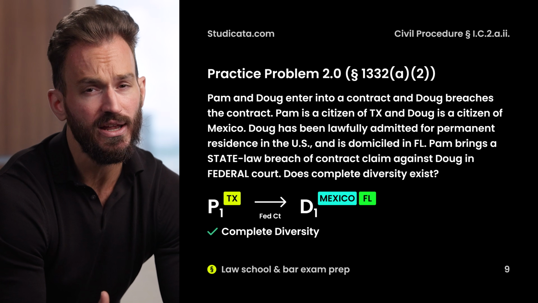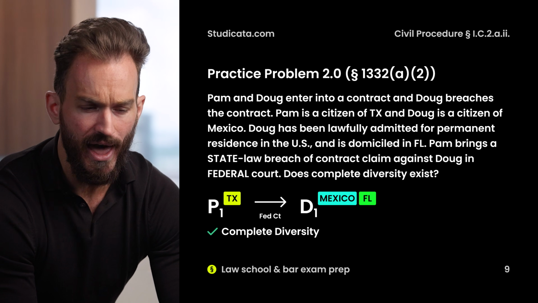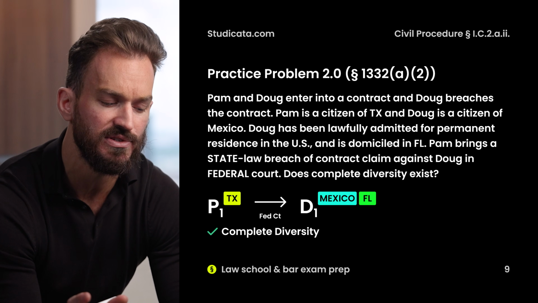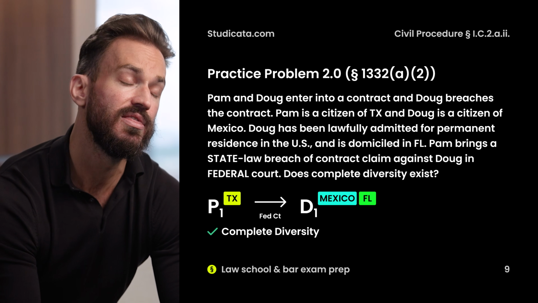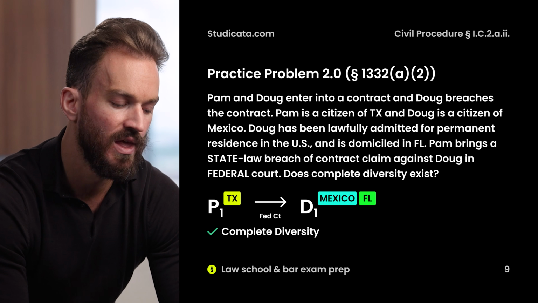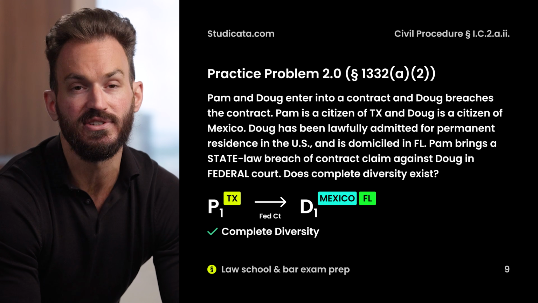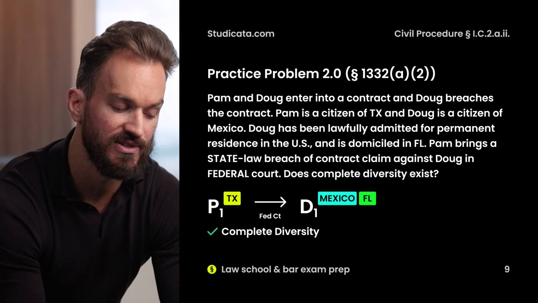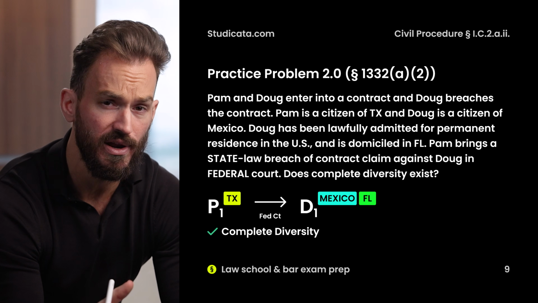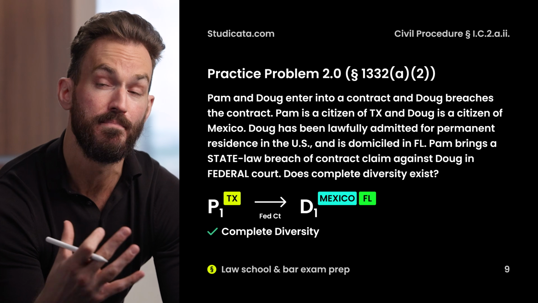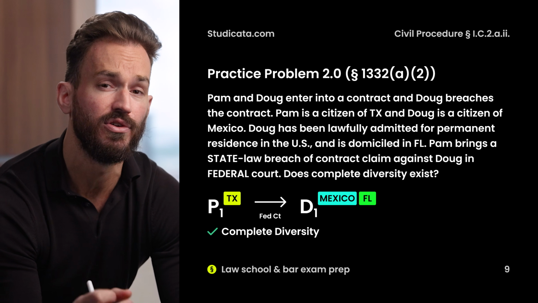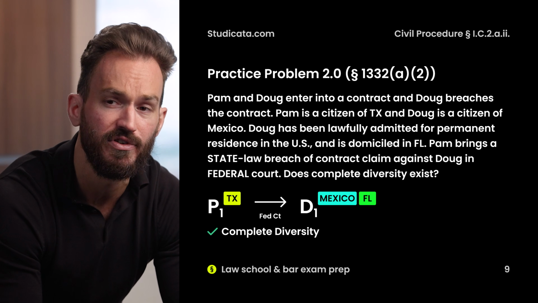So our exception is triggered, but it's okay because the place of domicile is different than the U.S. citizen. Basically, our U.S. citizen is a citizen of Texas, and our lawful permanent resident from Mexico is domiciled in Florida. So we have complete diversity.